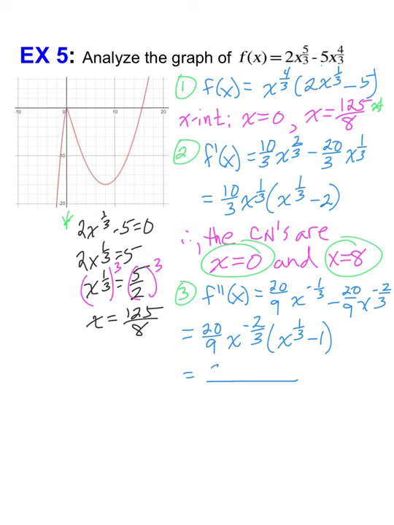So the 2 will go here, and the 9 will go here. Then because this is negative, it's going to go into the denominator. So I get x to the positive 2/3. And because this is positive, it's raised to the 1 power. It's going to stay in the numerator. So it's x to the 1/3 minus 1.